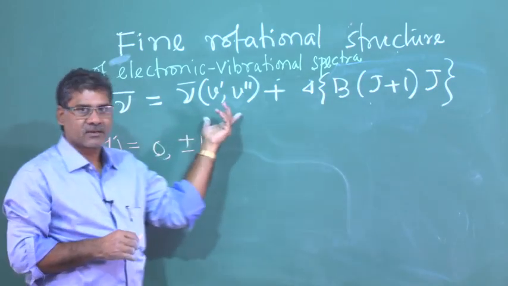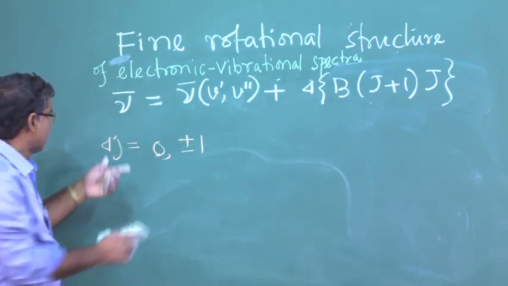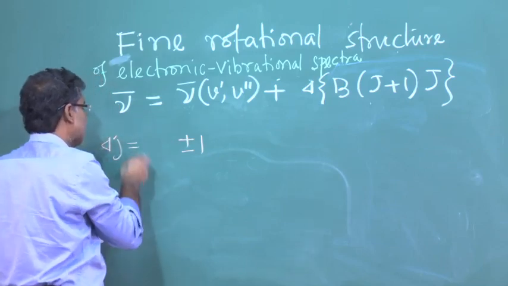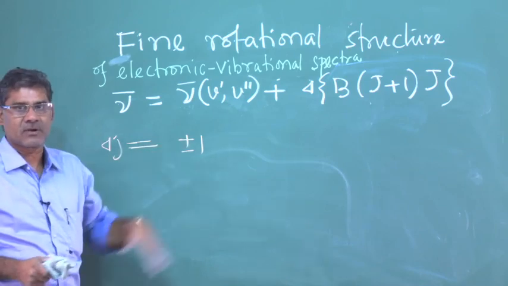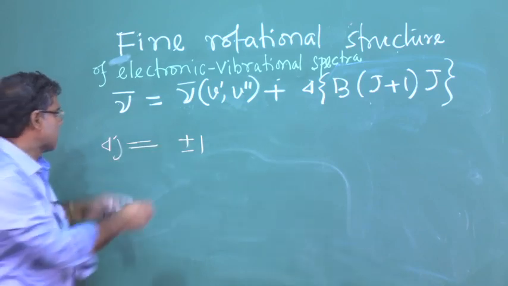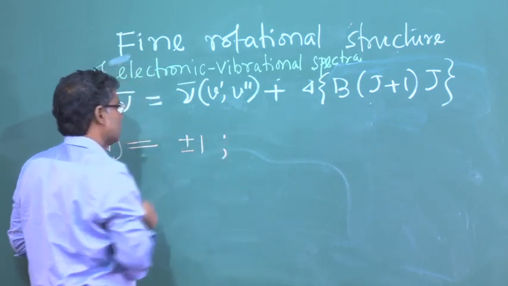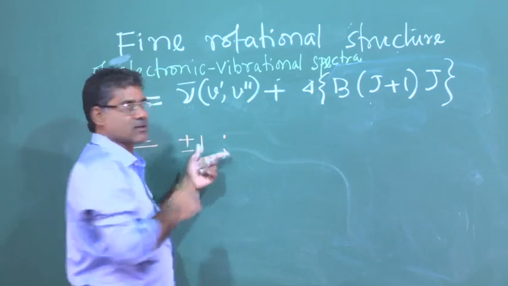One is del J equal to plus minus 1; del J equal to 0 is not allowed. So, in this case, the transition is plus minus 1.